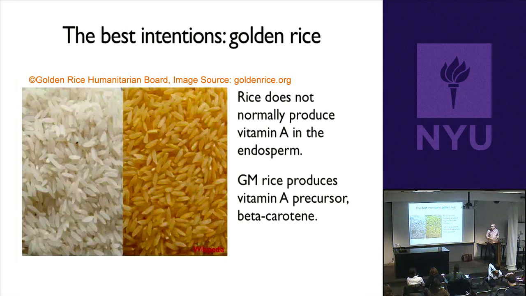I talked about golden rice, the idea there being that rice is a staple food, particularly in parts of the world where vitamin A deficiency is a problem, and those aren't unrelated statements. Rice has no vitamin A in it, and if someone's diet is mostly made up of rice, then they're likely to have a problem with vitamin A deficiency unless they're eating a varied diet otherwise.